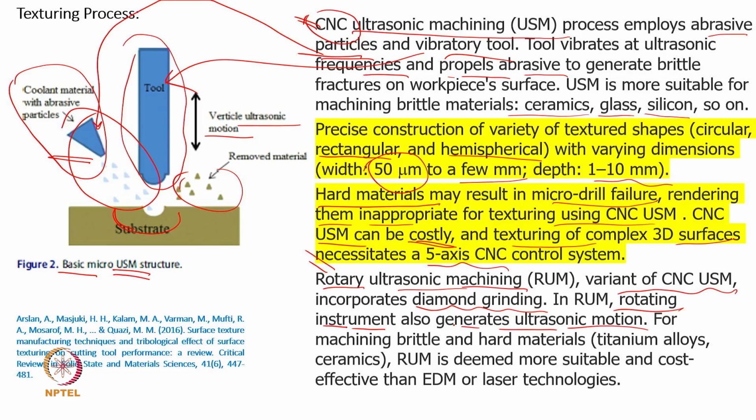So, mechanical motion along with ultrasonic motion may turn out to be slightly less costly, and it provides more suitable results, and also remains cost effective compared to other techniques, like EDM and laser technology. So, this rotary ultrasonic machining may turn out to be cost effective and very effective from a performance point of view.